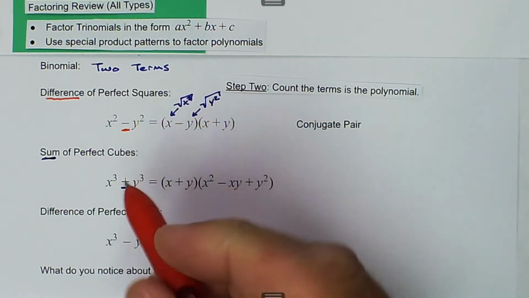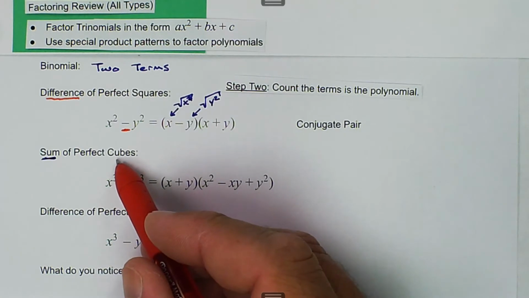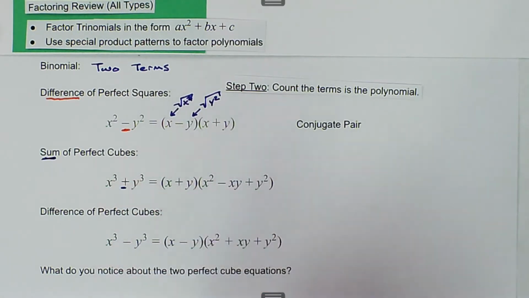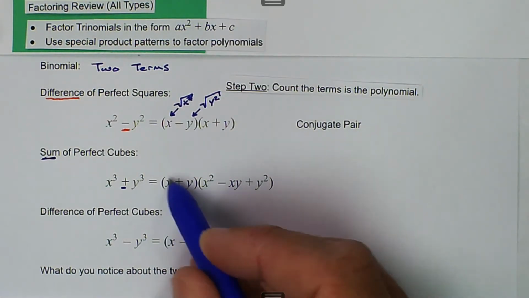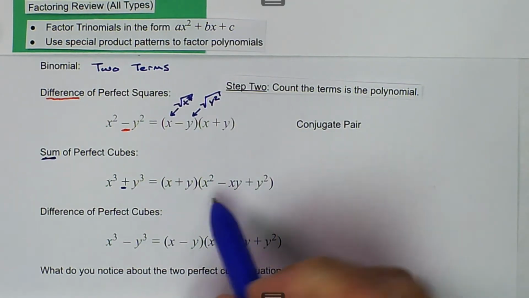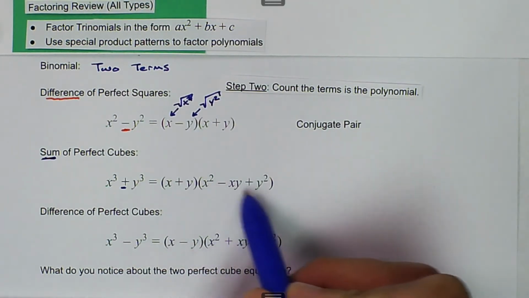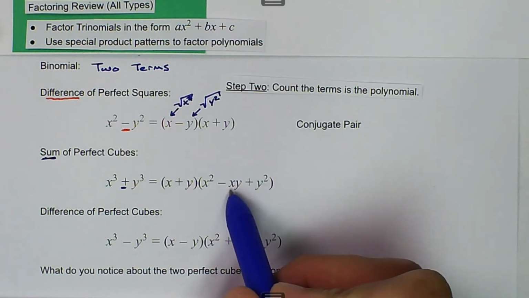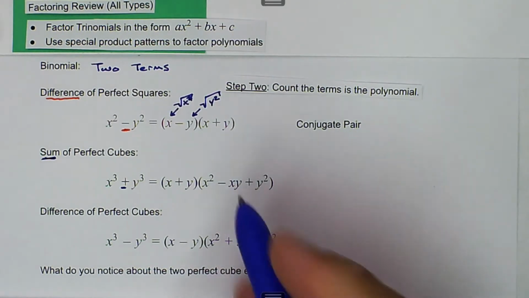Here we have an addition sign with perfect cubes. The number one thing we have to figure out is what is going to be x and what is going to be y, because then the pattern kind of fills out. Then we just have x squared, y squared, and then we have x times y there.